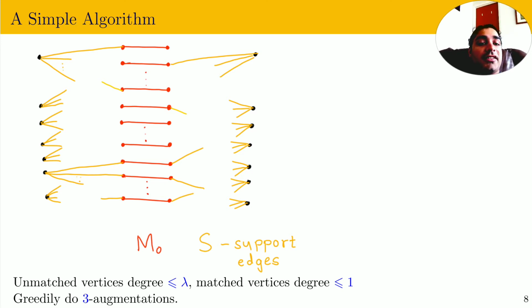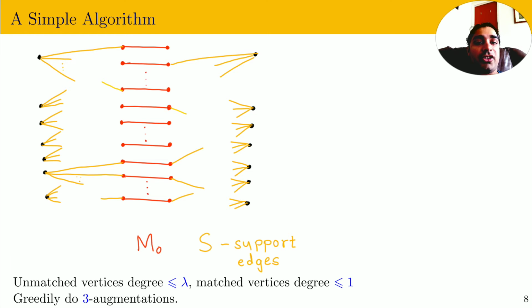Now how do you find this in the second pass? You just greedily maintain such a set. So if a new edge comes, you try to add it to the set of support edges without violating these constraints, if you can add it; otherwise ignore it. Now once you have this set of support edges at the end of the second pass, you do greedy three augmentations.